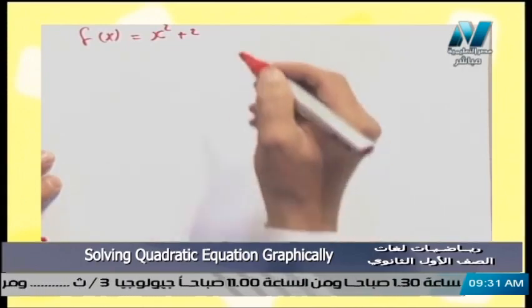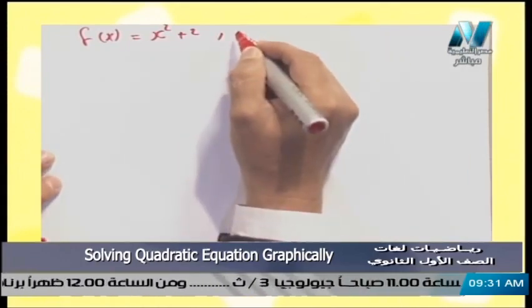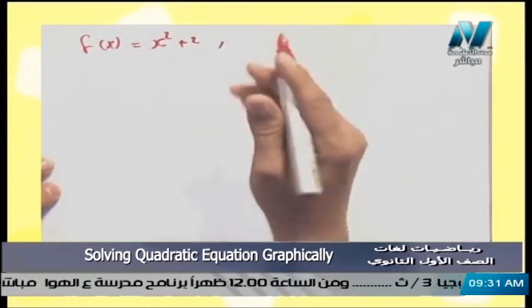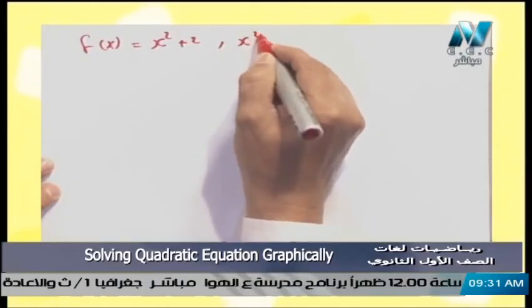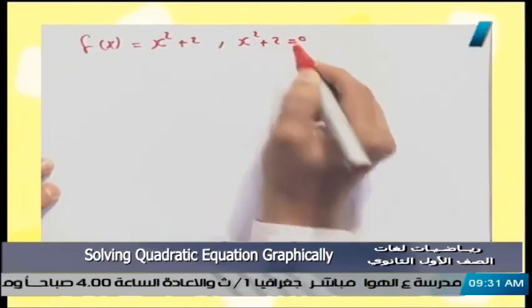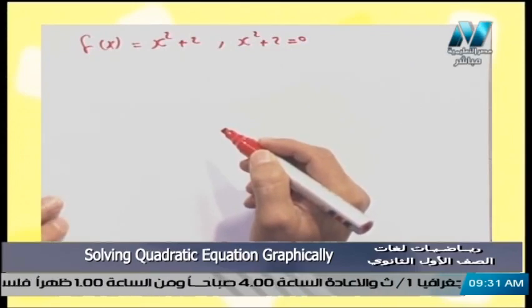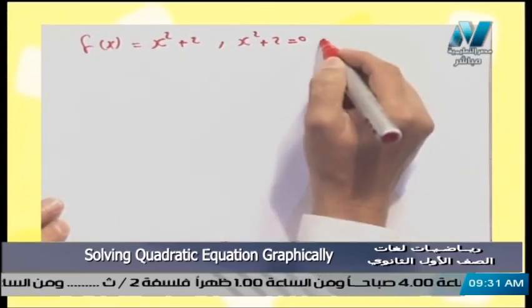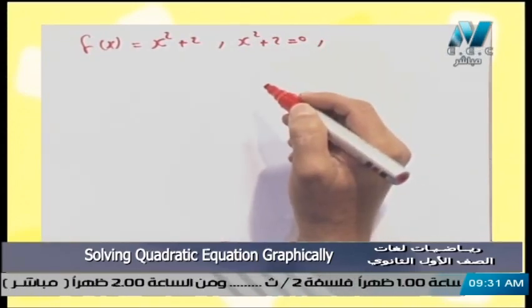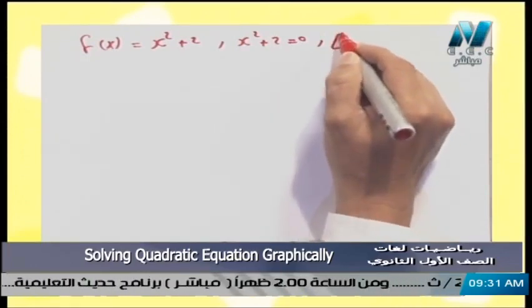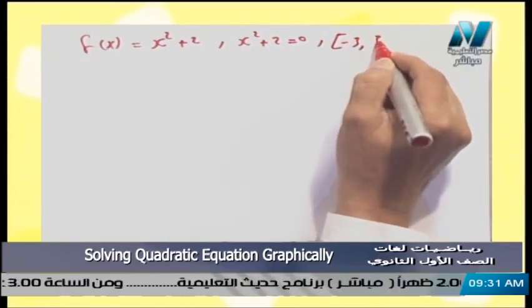Okay, and solution set of x power 2 plus 2 equals 0. Okay, and we have the interval from negative 3 to 3.